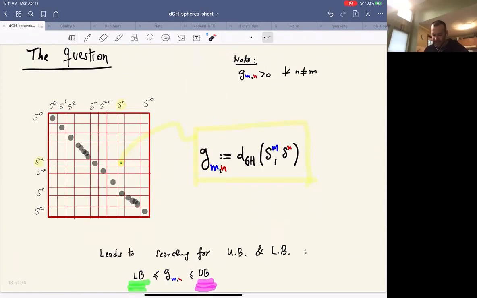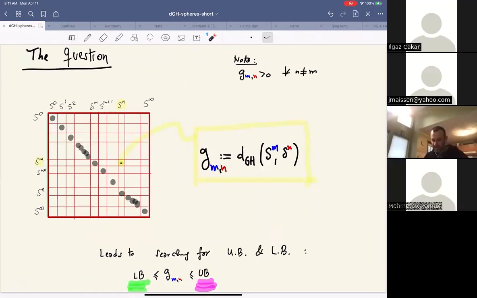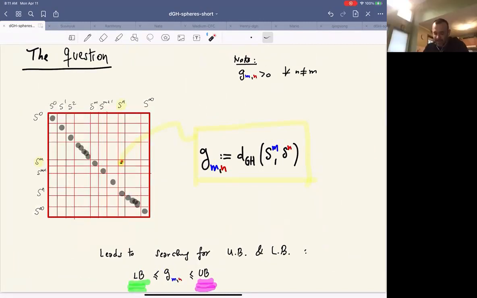So again, the question I want to tell you about today is estimating the entries of this infinite matrix. I'm going to refer to the symbol G_MN to denote the MN entry of the matrix.